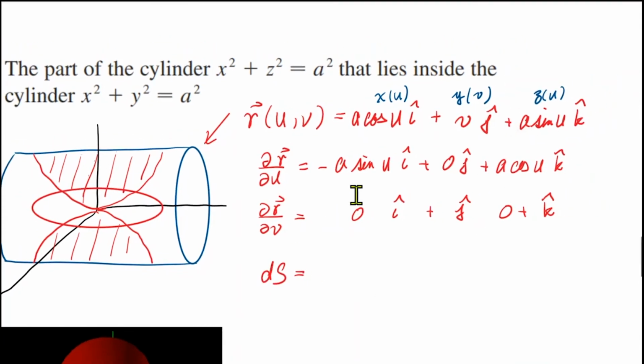Good. So imagine ijk here with i 0. So you have just a cosine u, right? Negative, negative.